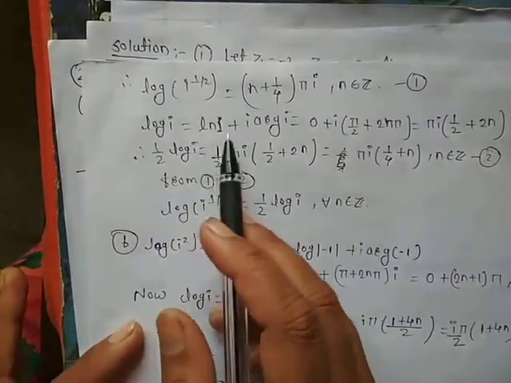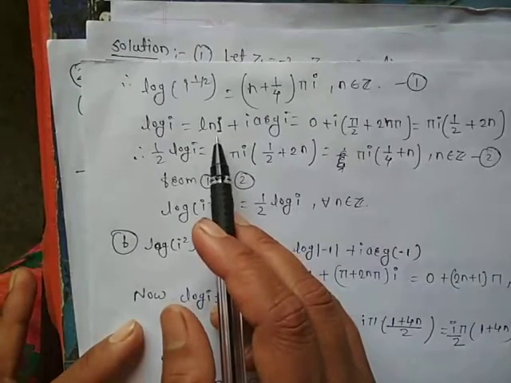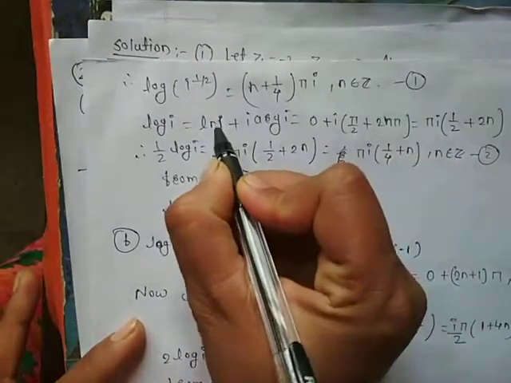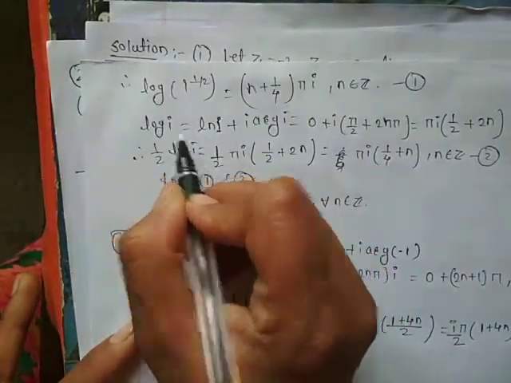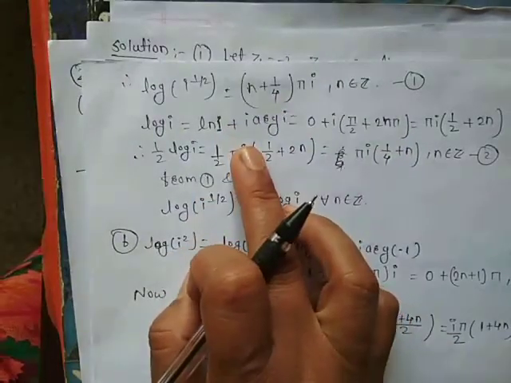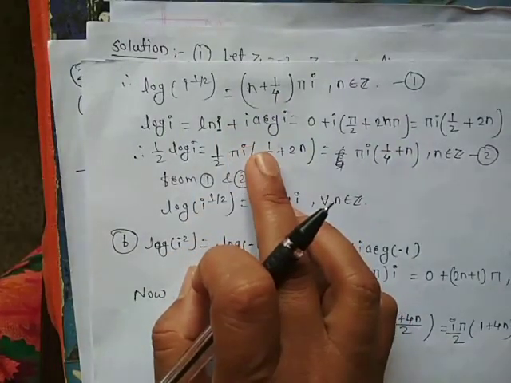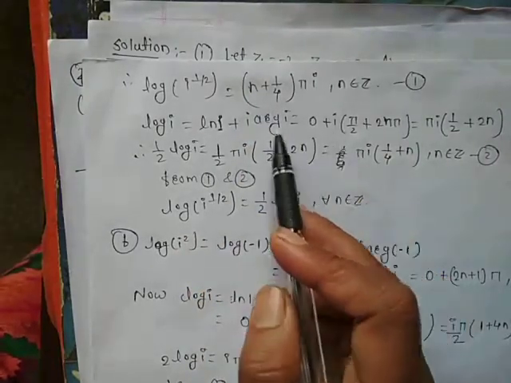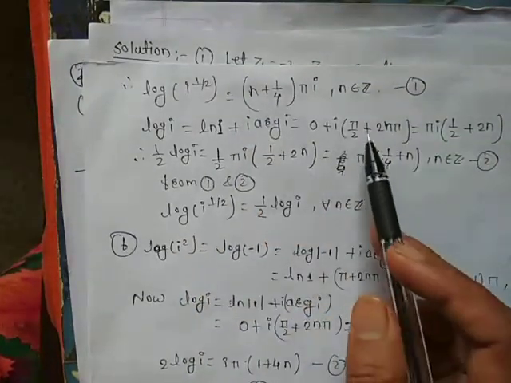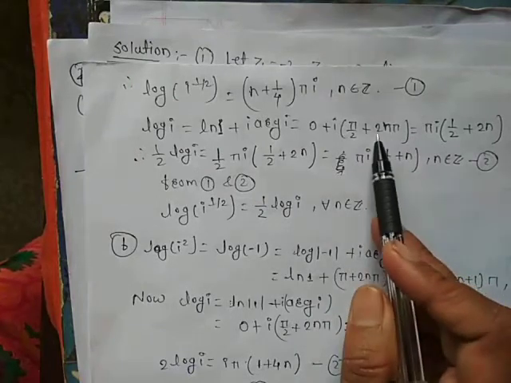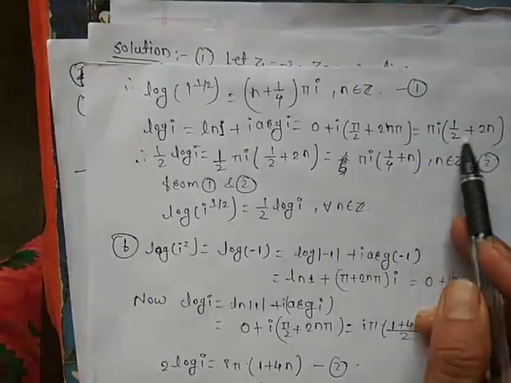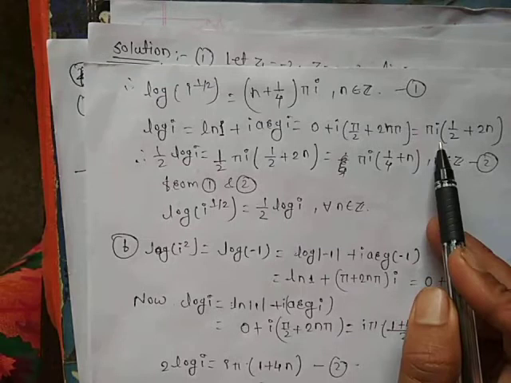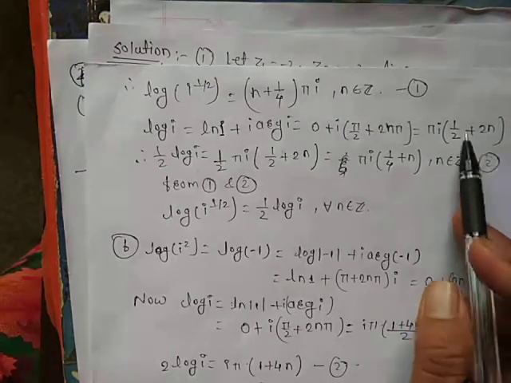So log i is ln of the modulus of i, which is 1, plus i into the argument of i. ln 1 is 0, plus i into the argument of i, which is pi by 2 plus 2n pi. If you simplify this, you will get pi i into (1 by 2 plus 2n).